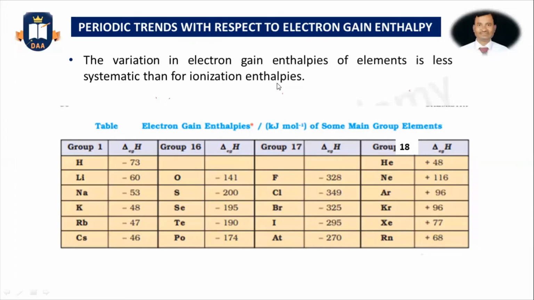But for electron gain enthalpies, this variation is not as systematic as ionization enthalpies. I already discussed ionization enthalpies in the previous class, number 57. You can attend that class to get clear knowledge on it.